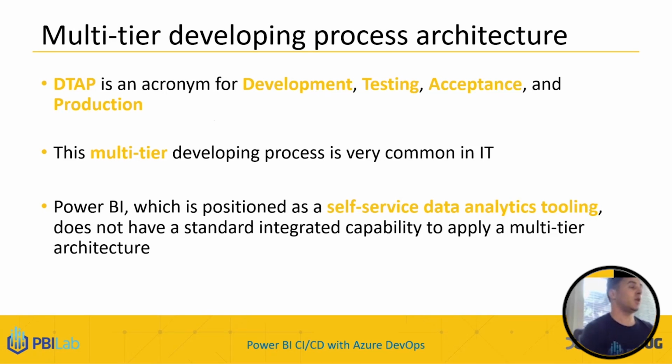So today I'm going to talk about the DTAP acronym, which stands for Development, Testing, Acceptance, and Production. This is a very common multi-tier process in IT. Nowadays, it is tough to implement, especially for Power BI.